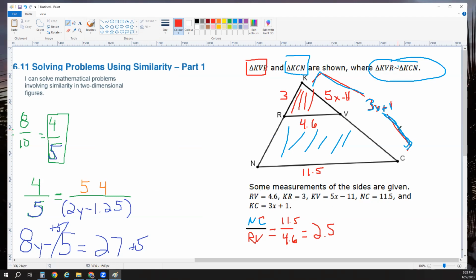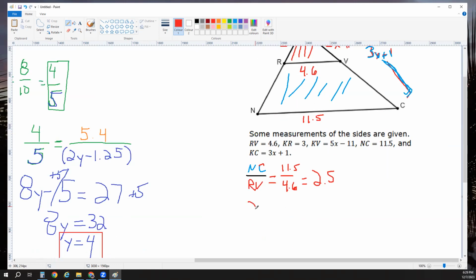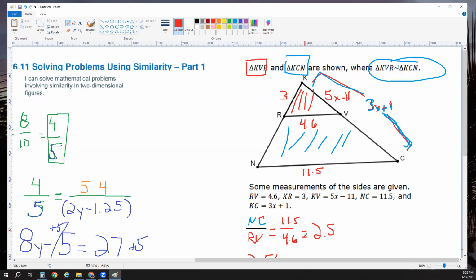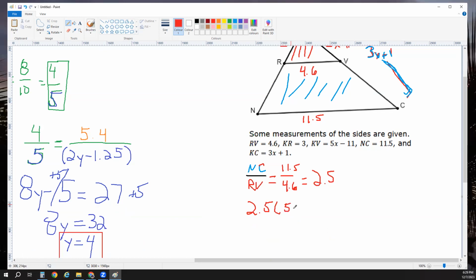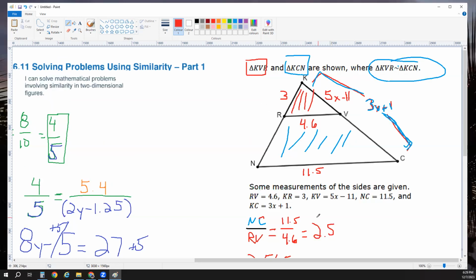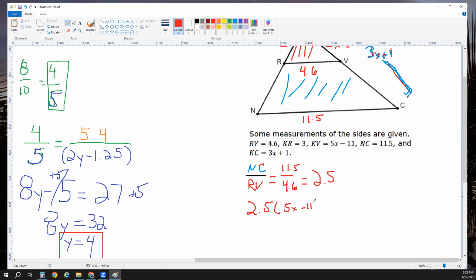So I want to solve for x here. In order to solve for x, I'm going to set up my equation. I'm going to say that 2.5 times my length of 5x minus 11 is going to be equal to my longer triangle one of 3x plus 1.